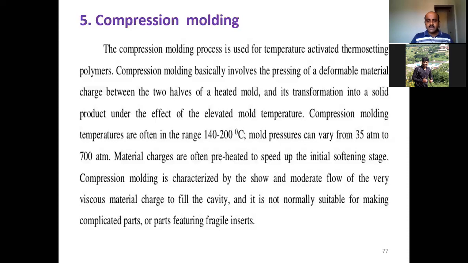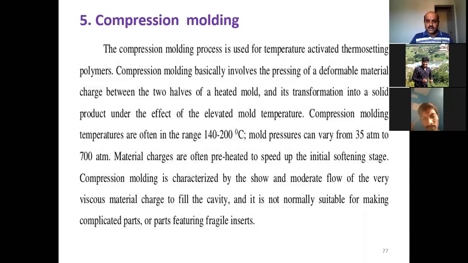See, this type of technique is very much used for temperature activated thermosetting polymers. And in this process, you are pressing a deformable material charge between the two halves of the heated mold.